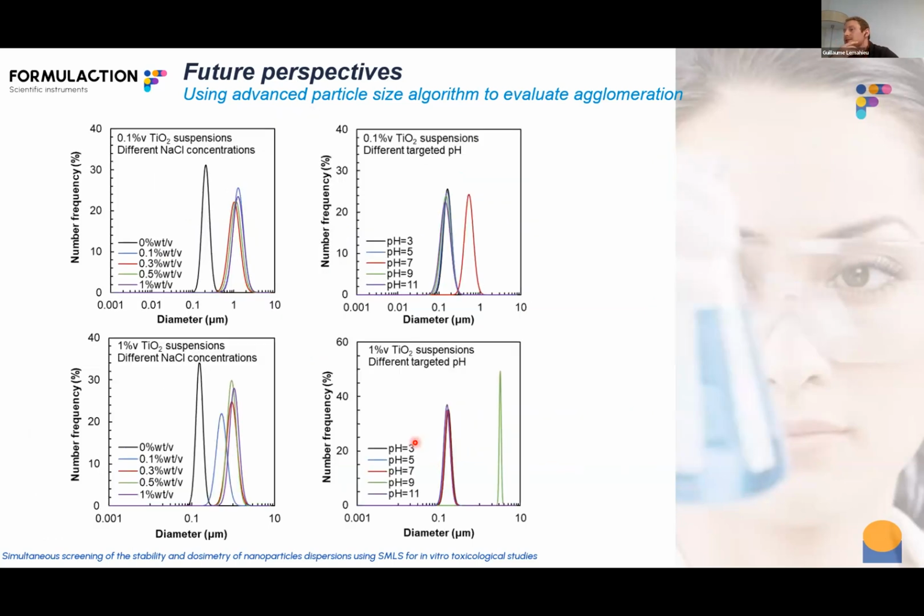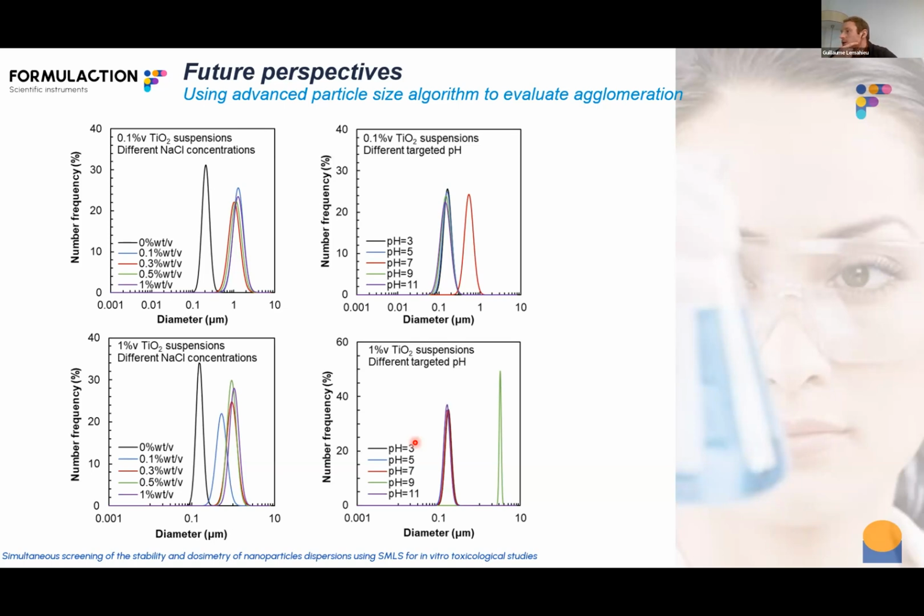We did first some tests here on different titanium dioxide suspensions, which we supplemented with some concentrations of sodium chloride to induce agglomeration, and what we see is that we are clearly able to measure in a very accurate way these particle size distributions of the agglomerates, even for dilute suspensions and more concentrated ones, such as the graph at the bottom of the slide with 1% volume titanium dioxide in the suspension, where we are clearly close to the limits we can have, for example, for other light scattering techniques such as laser diffraction and DLS.